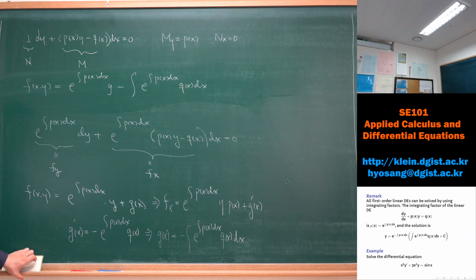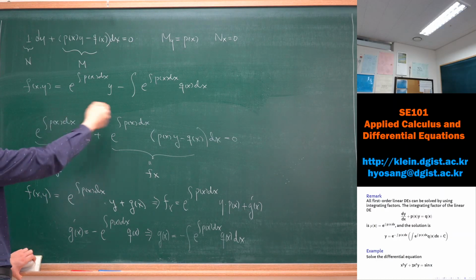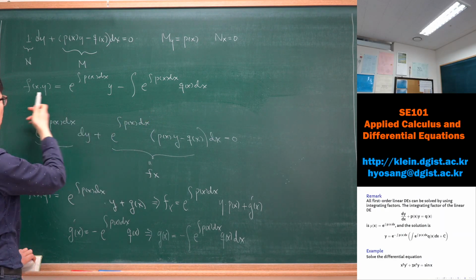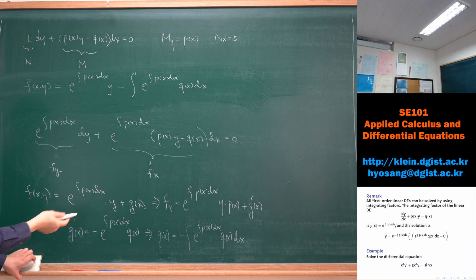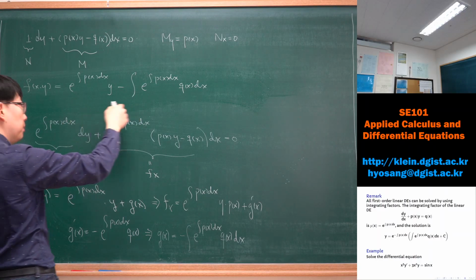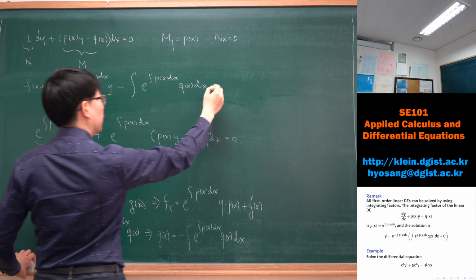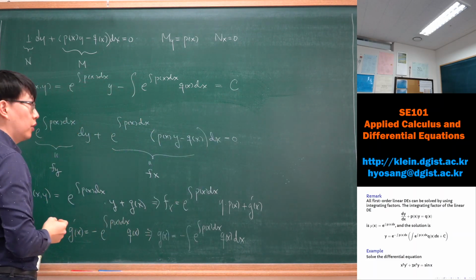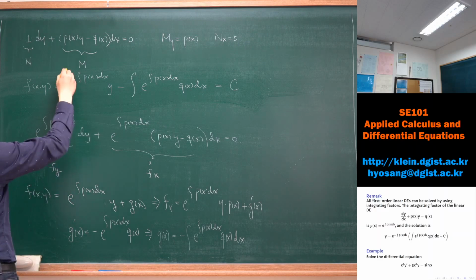And I'm emphasizing again and again, this is not the solution. This is simply a formula of the two variable function f. The solution is the implicit equation of this formula equals some constant. Okay, so this is our formula.